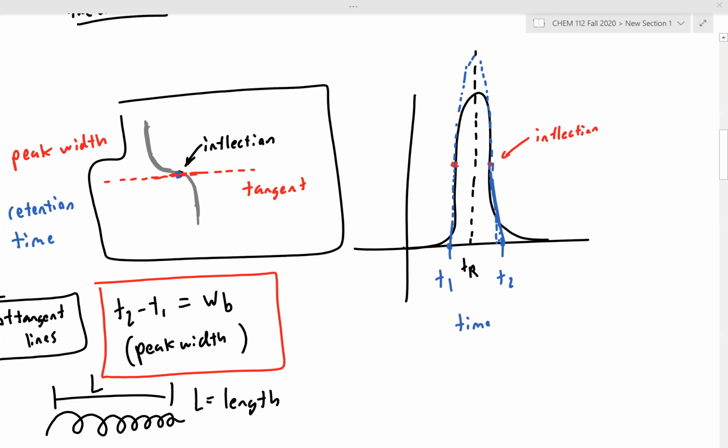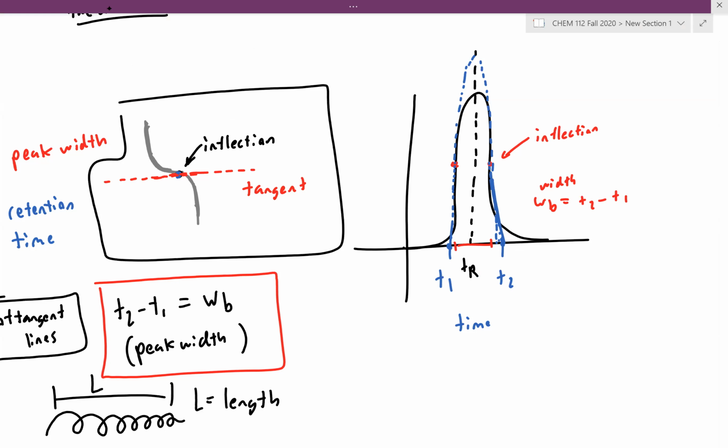Based on the start and end, the first time when we start to observe our peak elute and the time when we see our peak finishes eluting, we can calculate the peak width, which is equal to T2 minus T1.